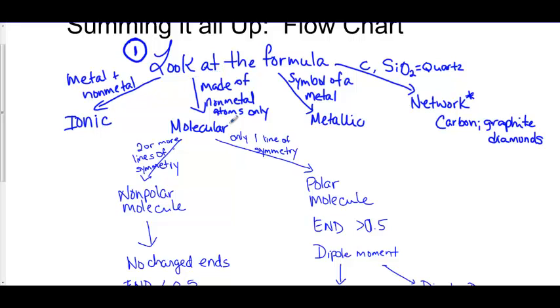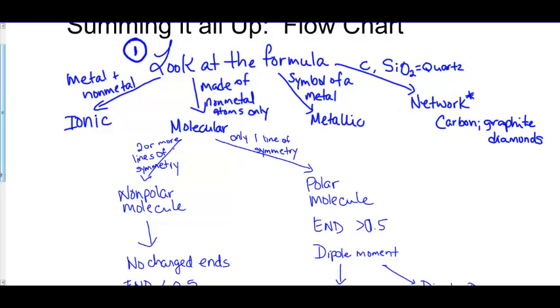If it's made of nonmetal atoms only, it's molecular. If you see a symbol of a metal, it's considered metallic. And if you see carbon or silicon dioxide, which is quartz, then they're considered network solids, which we didn't really talk about completely in detail, but just know that we're talking about graphite, diamonds, quartz.